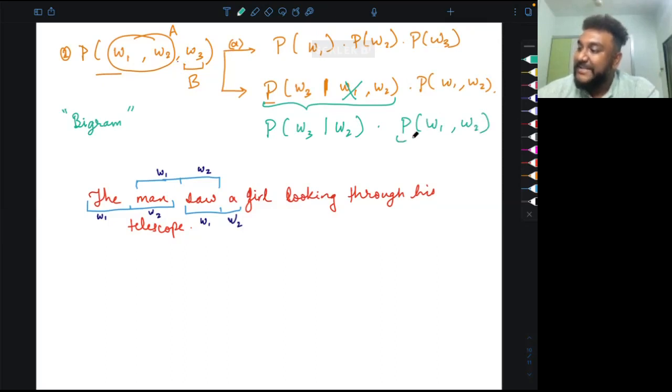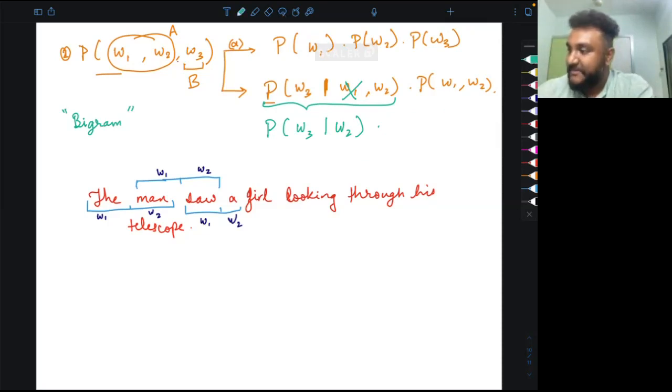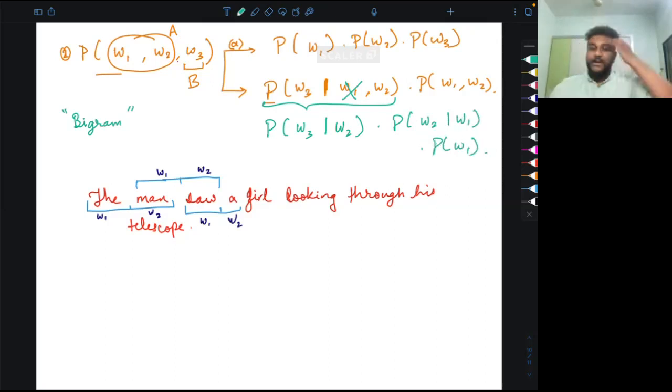And this again I can split further: I simplify this term as P of W2 given W1, times P of W1. This is how I'm breaking down this conditional probability into pair forms, the appropriate bigram representation, where I have the probability of W3 given just the previous word.